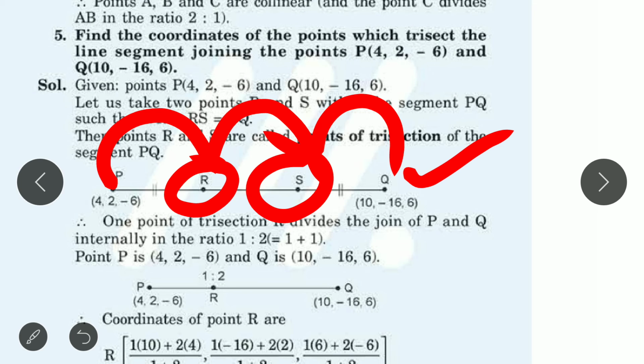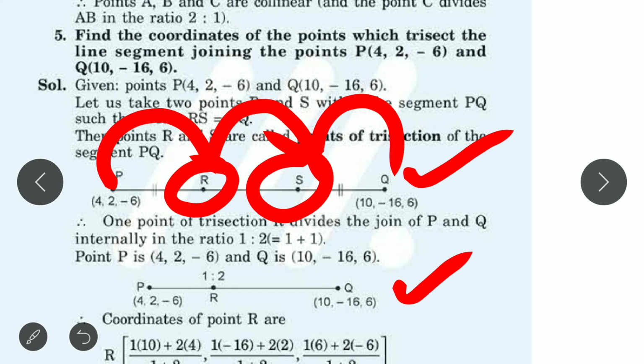Now, let us forget about the point Q. Let us go to the second diagram. We consider only the point R, and forget about the point S. If you check the first figure and the second figure, it's similar.